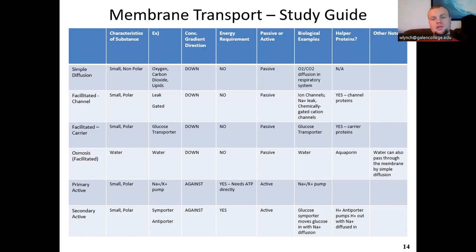This is a glucose symporter where we both move glucose and sodium across the membrane in the same direction. The antiporter example was that of the hydrogen sodium pump. So this is the hydrogen ion antiporter. It's going to move hydrogen ions out of the cell while sodium diffuses in the opposite direction.